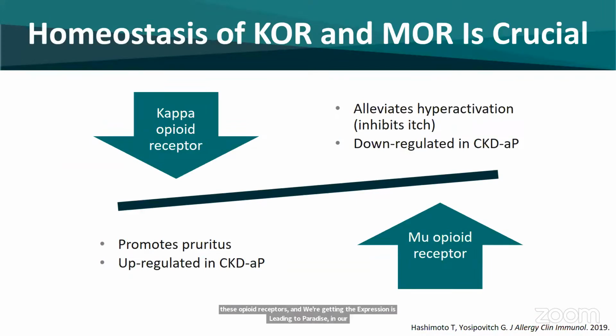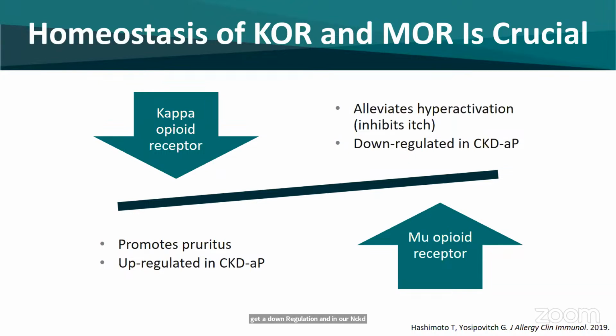So again, can we balance it? These kappa opioid receptors, the KORs, when they promote pruritus, they upregulate in our patients with CKD. When you have your MU opioid receptors, this alleviates the hyperactivation, which inhibits the itch, and then you get a downregulation in CKD pruritus.